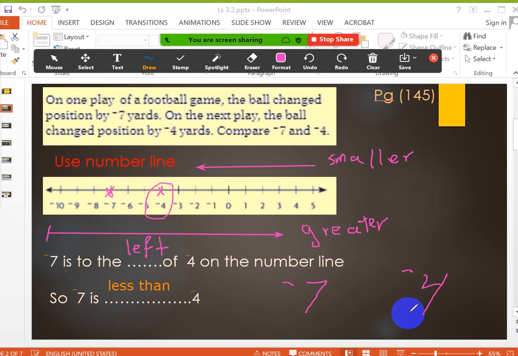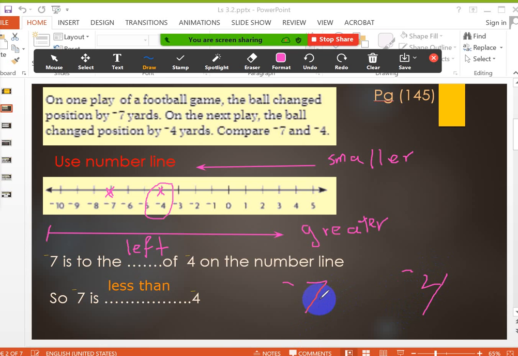We know that when the number becomes greater, the value of the number becomes greater also. But in negative numbers, I have the opposite strategy. When the number becomes greater, the value of the number becomes smaller.